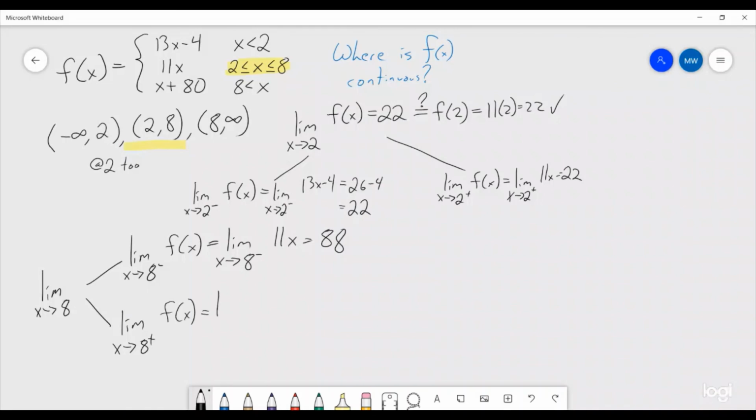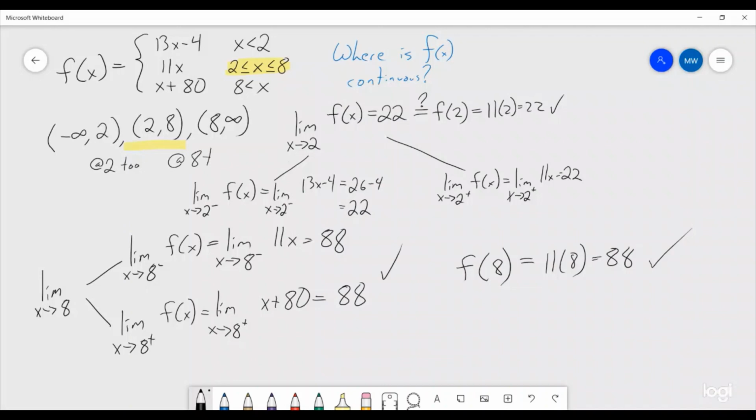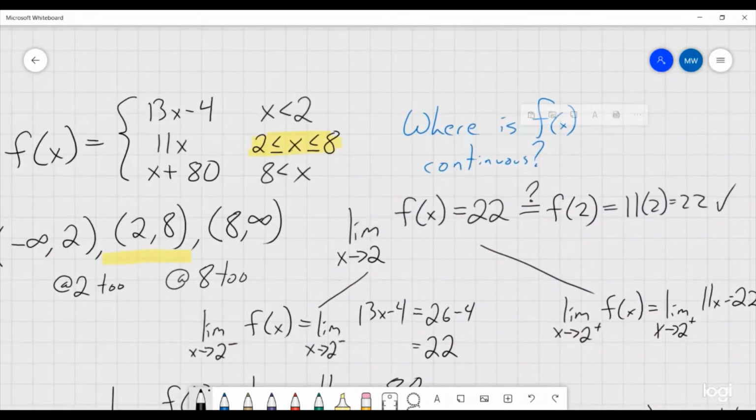That's the limit as x goes to 8 from the right of x plus 80, which is also equal to 88. So those two are the same. Now we just have to check, what is f of 8? Well, f of 8 is 11 times 8, which is 88. Everything matches, so it's also continuous at 8 as well. So that means f is continuous everywhere.